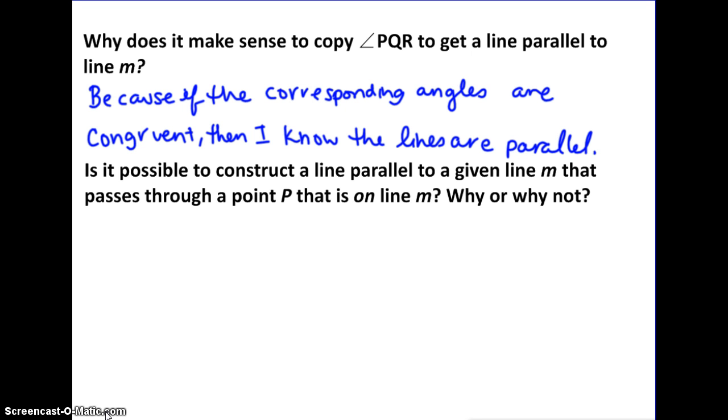For example, I'll draw a picture. Here's my diagram, and let's say this point right here is point P. I can put this point anywhere and do the same process as on the previous slide. However, let's say that point P is on line M. In order for a line to go through point P and be parallel, it's going to be the exact same line. The only line that's parallel to line M and goes through point P is line M itself.